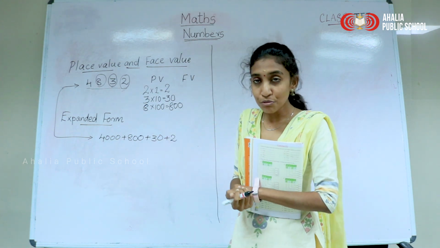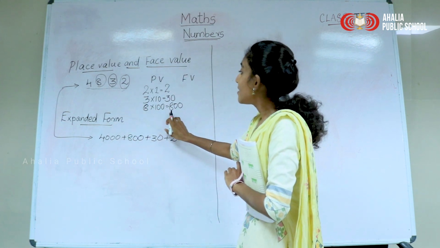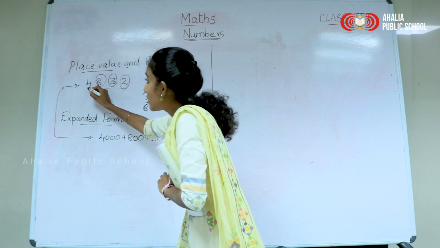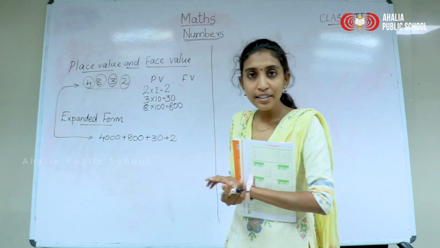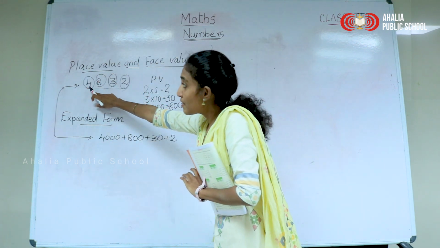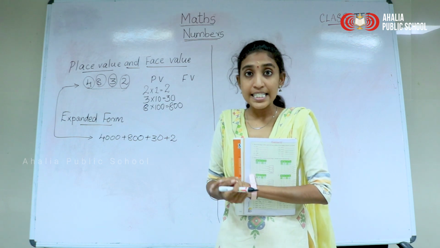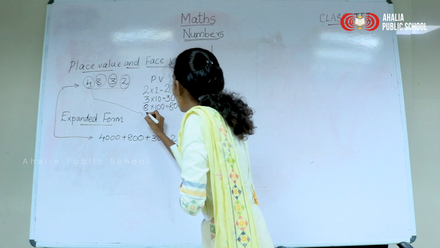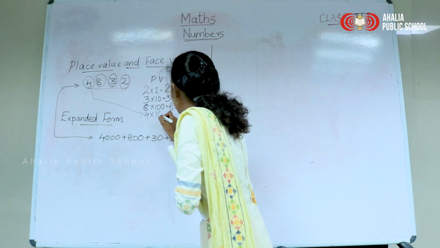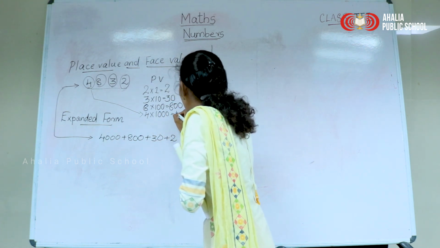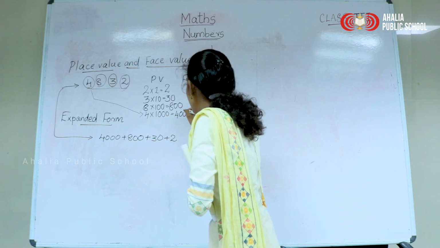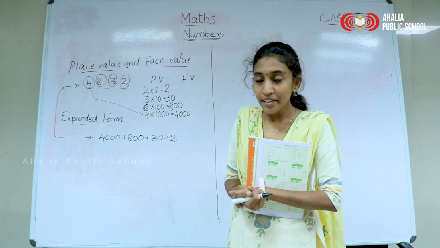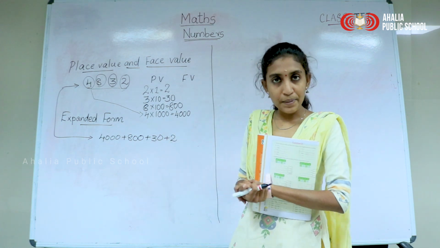The place value of 8 here is 800. Okay, so let's move on. What is the place value of 4 here? 4 is in which place? Yes, 1000's place. So 4 into 1000 is equal to 4000. So the place value of 4 here is 4000.